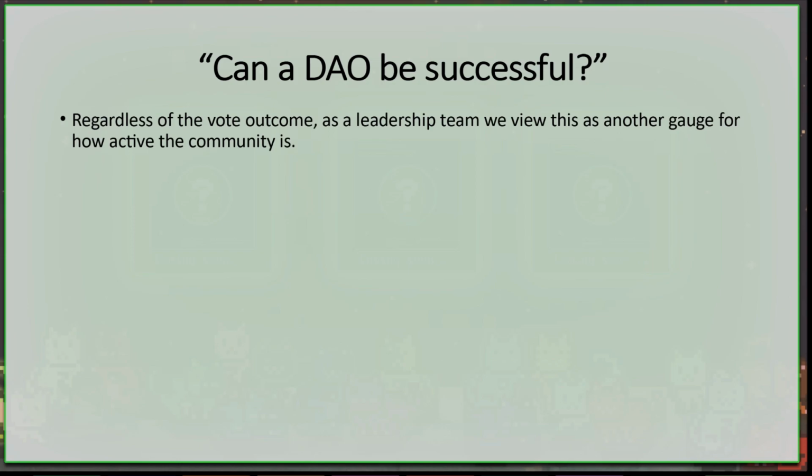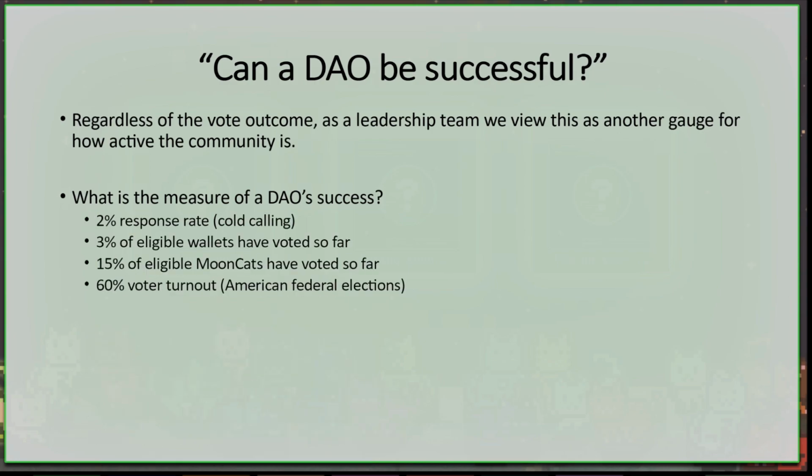And so we want to make sure that if there is something being done right, if there is something being done wrong, we take those under consideration and try to either emulate the good things or avoid the bad things. And so, regardless of the accessories vote outcome, as a leadership team, we really view this as another gauge for how active the community is.